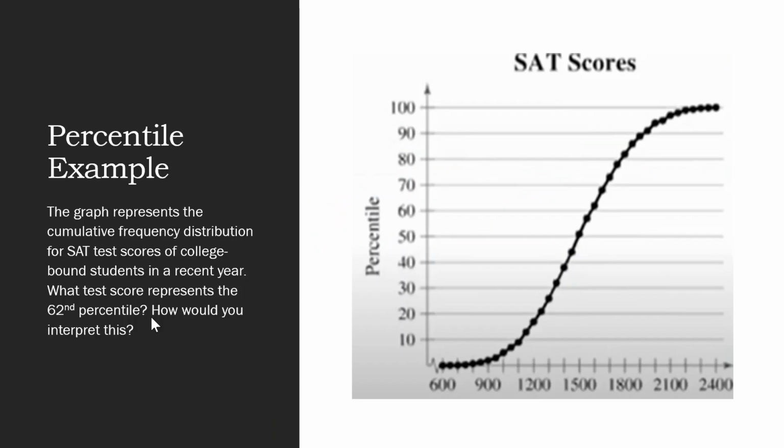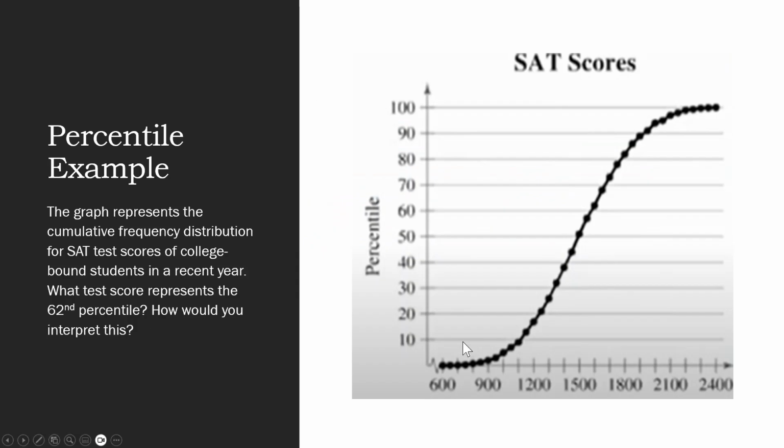And so I just want to look at an example so that we can interpret percentiles. It says the graph to the right represents the cumulative frequency distribution for SAT scores of college-bound students in a recent year. What test score represents the 62nd percentile? And how would I interpret that score?